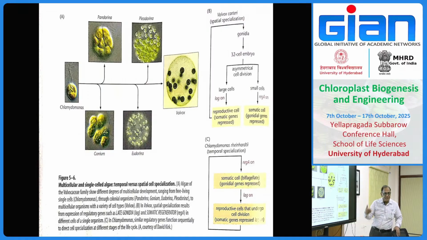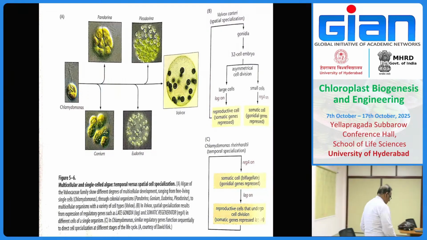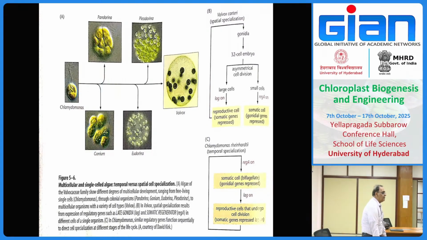So at a certain phase of time, the Chlamydomonas cells are vegetative. Sometimes they themselves become reproductive. So it is a temporal separation of the vegetative phase and the reproductive phase in Chlamydomonas cells.